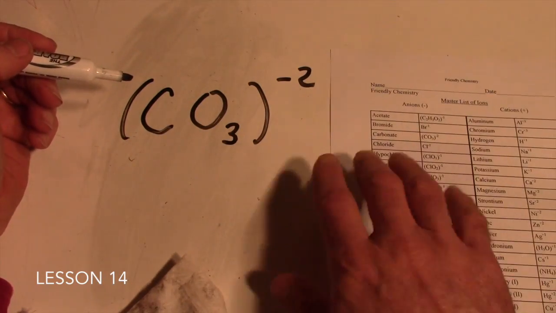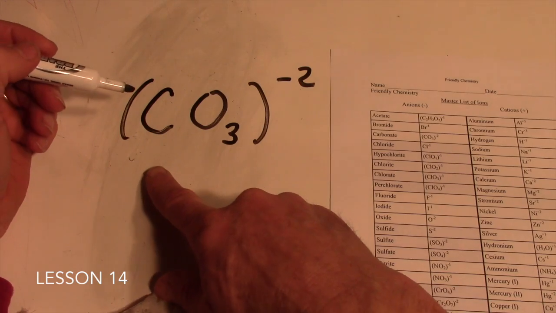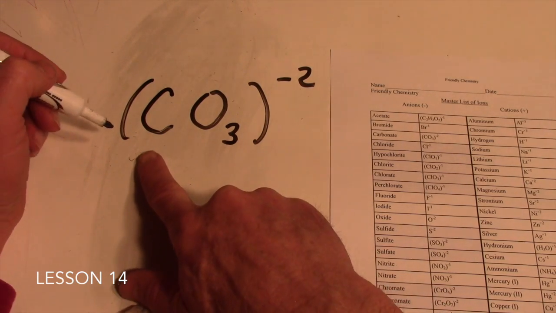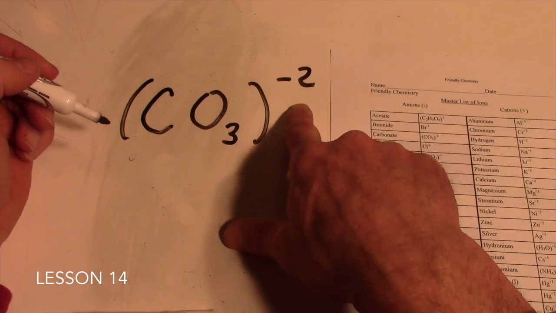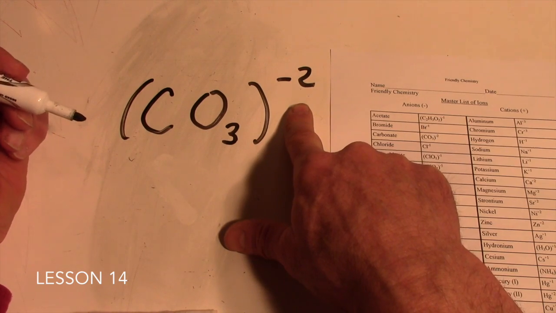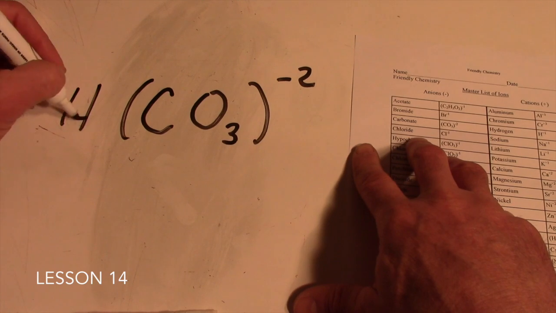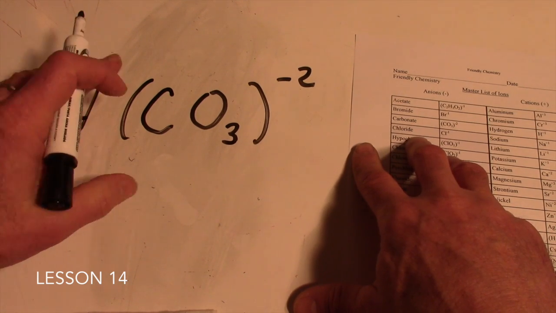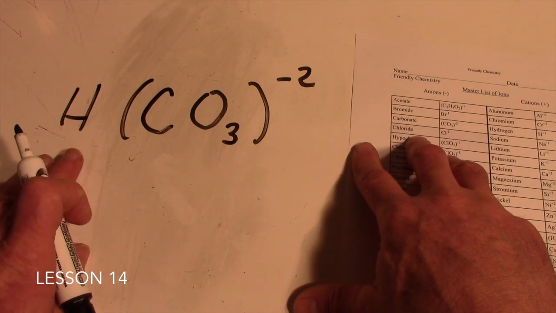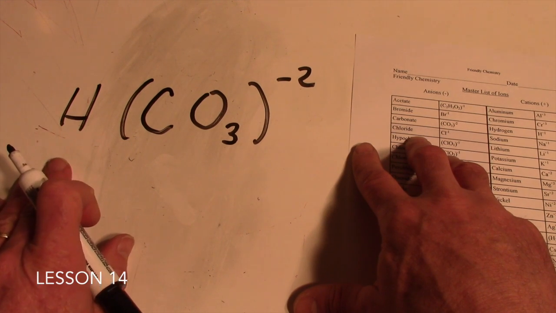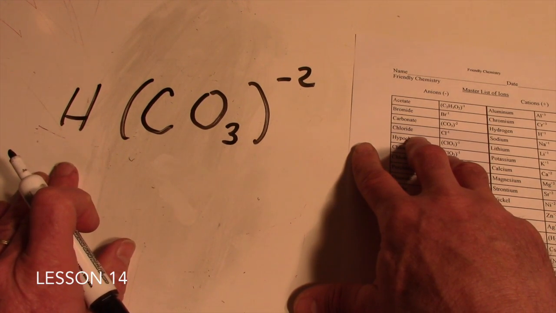Carbonate. Now, a little jingle I've taught my students in the past goes like this. Carbonate is part of, when it's got an extra couple hydrogens on it, and don't worry with understanding these extra hydrogens, but when it has some hydrogens to make the compound, this becomes carbonic acid.